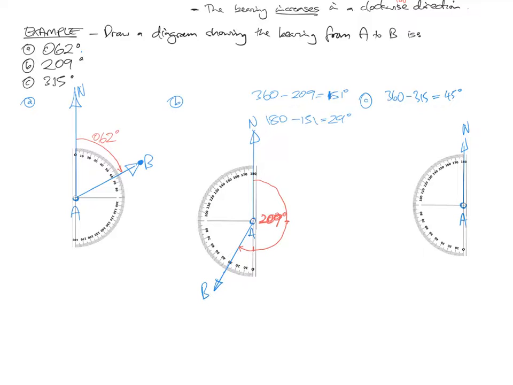I want 45 degrees anti-clockwise. Unfortunately, because the protractor is on the left-hand side, it's not starting at 0, so I can't easily just count across.